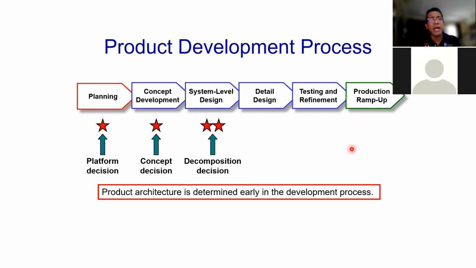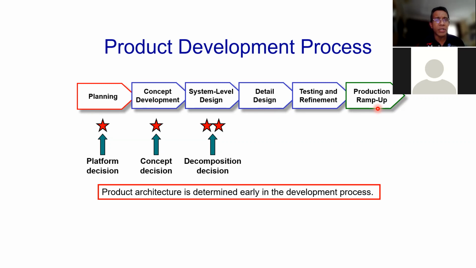So for product architecture, we have to conduct it in the earlier stages: planning, concept development, and system level design. That is the earlier stage before we go for the detailed design. After we have a detailed design, we select the raw material. We go for prototyping, evaluation, testing, and then production to mass produce our product. That is the product development process.